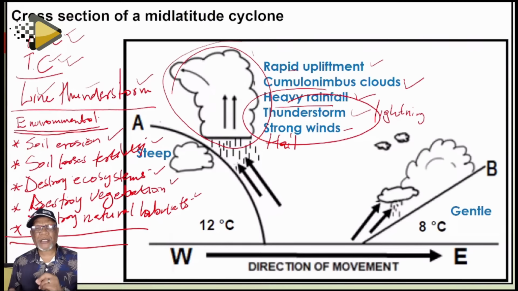If the question is saying negative impacts, you must only give negative impacts. But if the question just says impacts, it can be positive, it can be negative. But if the question is saying negative, it can only be negative. So which means you cannot say tropical cyclones are going to bring water for irrigation. You cannot say mid-latitude cyclones will make sure the dams are full.